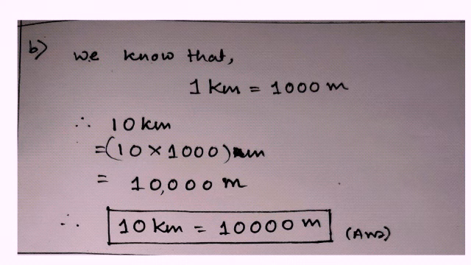Because we are changing kilometer into meter. That means bigger to smaller. Whenever you change a bigger unit into a smaller unit, you need to multiply. How many steps are there? There are 3 steps. So 10 into 1000 equals 10,000 meter. So the answer is 10,000 meter.